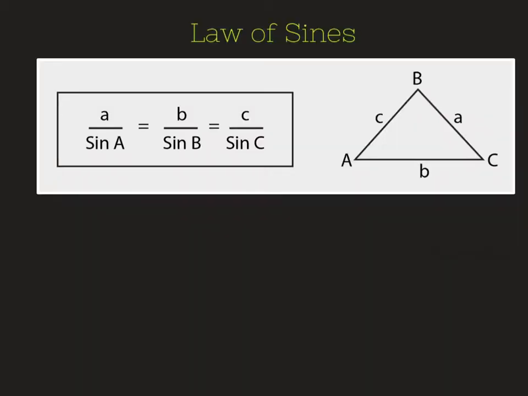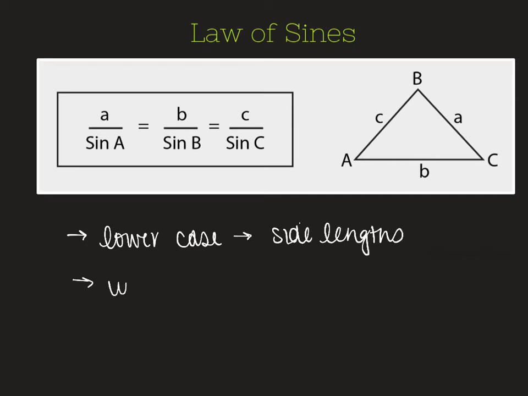So here is our law of sines, and what you can notice is that the lowercase letters represent side lengths and the uppercase letters represent the angles. So just take a little note of that. Lowercase, that's going to be your side lengths, and uppercase, that'll be your angle measures.